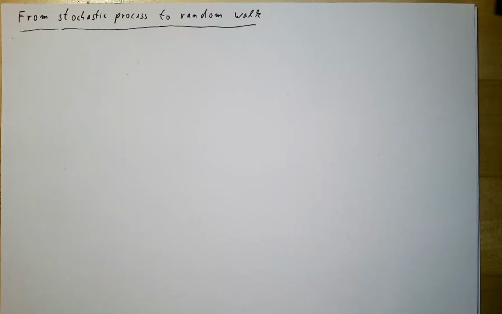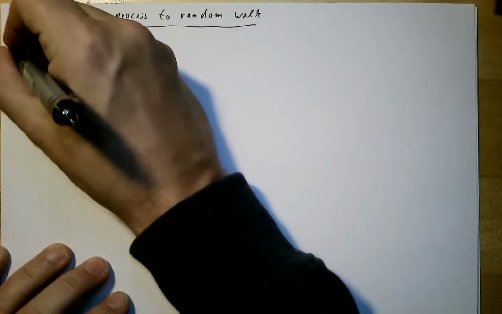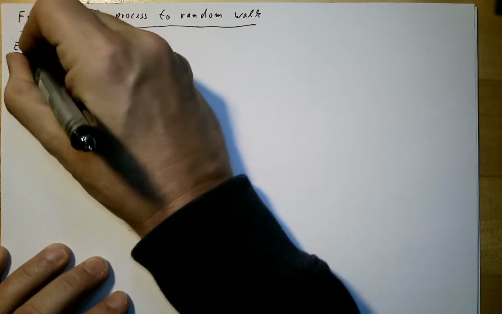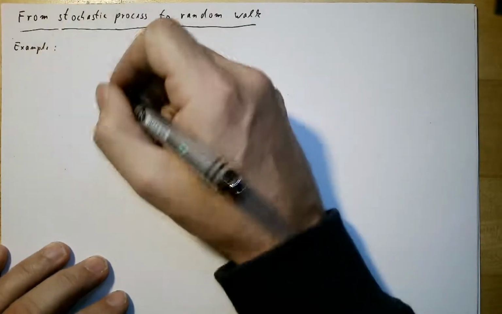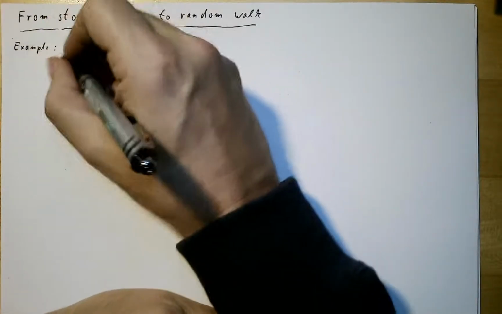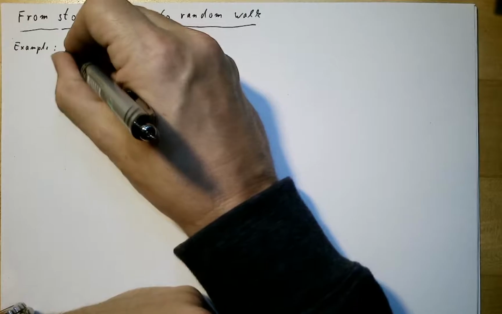So, maybe I just start with a simple example to get the main idea. Example, let's say we have a repeated Bernoulli trial.